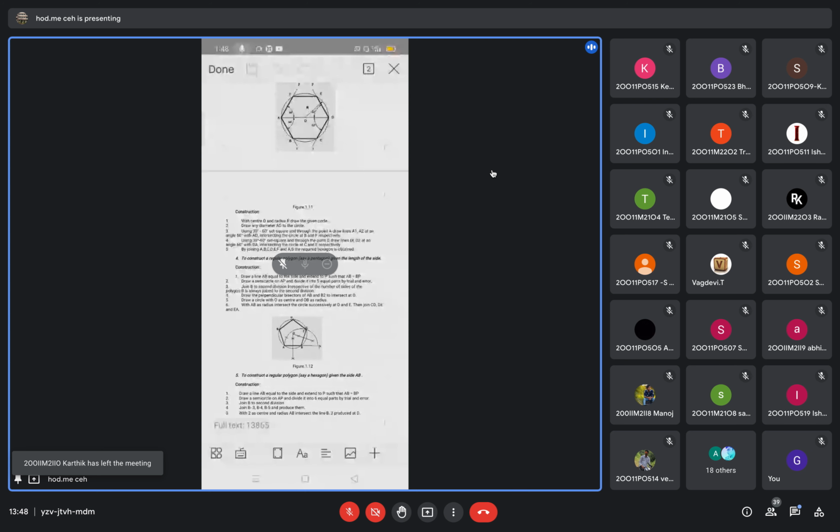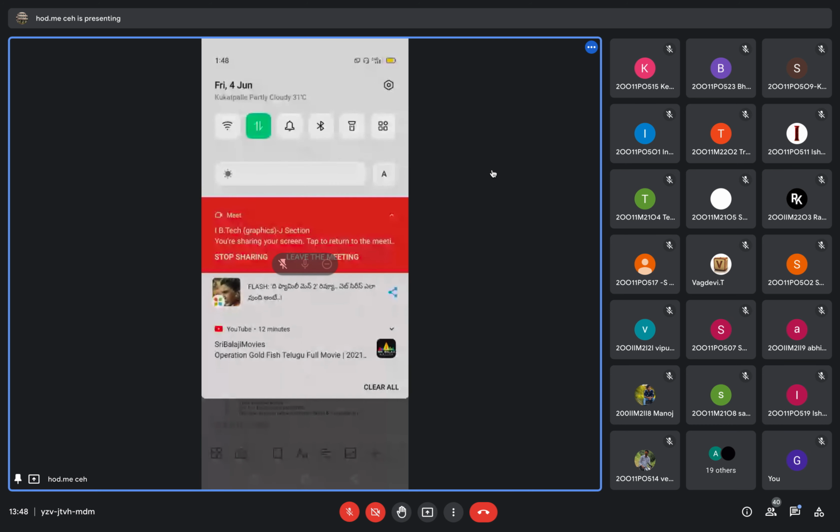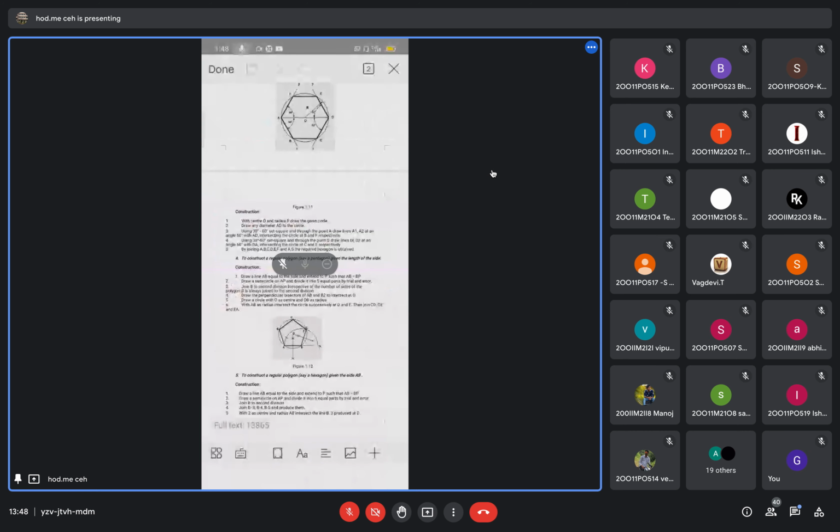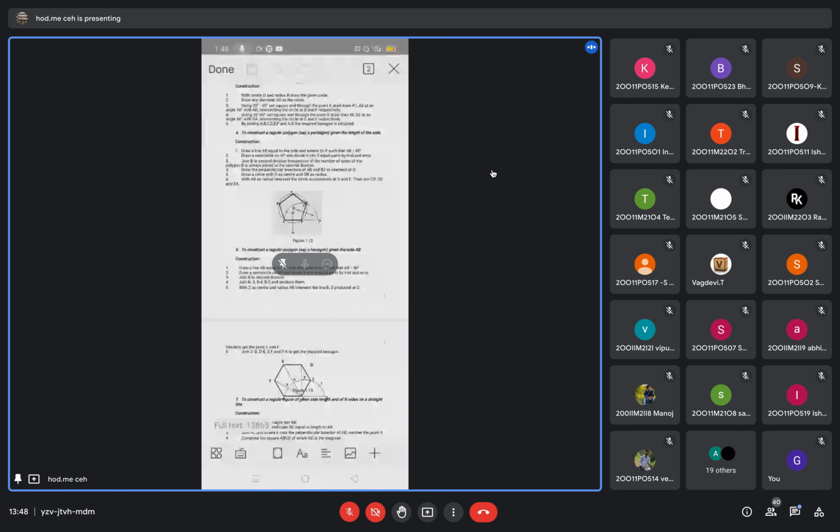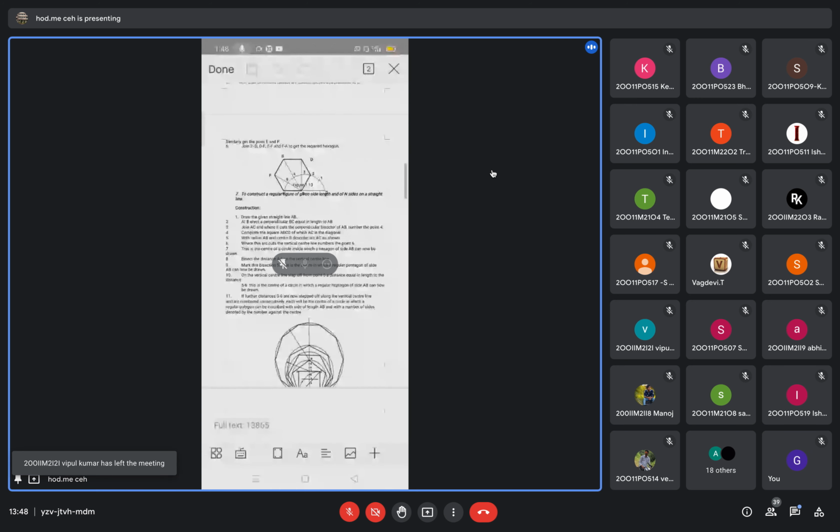Practice the different types of diagrams used in the problems.